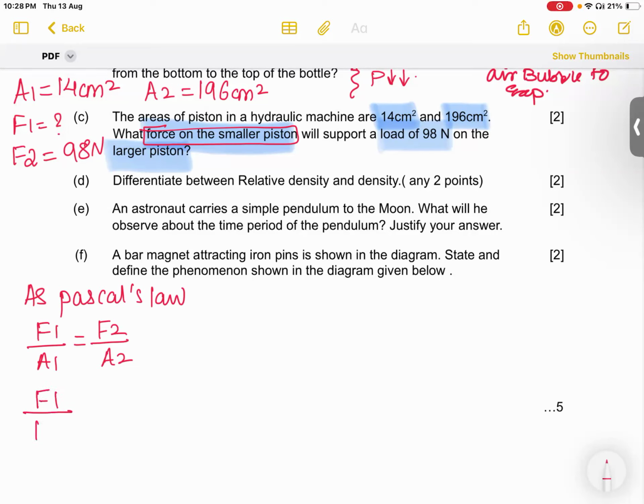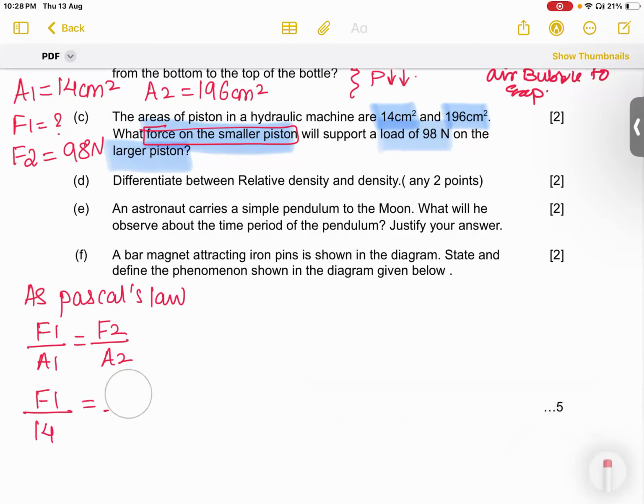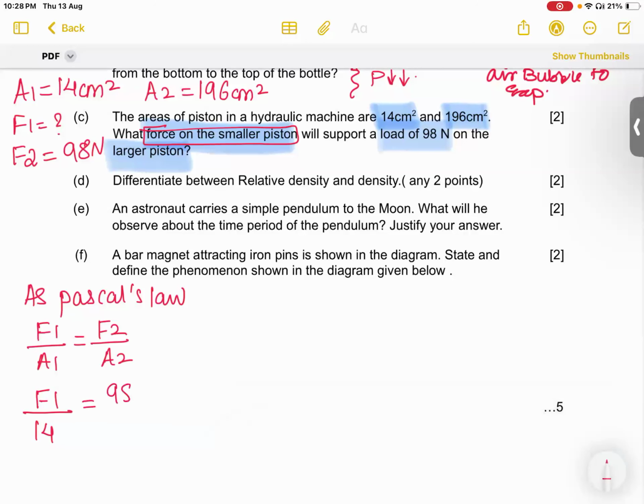A1 is 14, F2 is 98, upon A2 which is 196. So we will be getting F1 is equal to 98 into 14 upon 196.